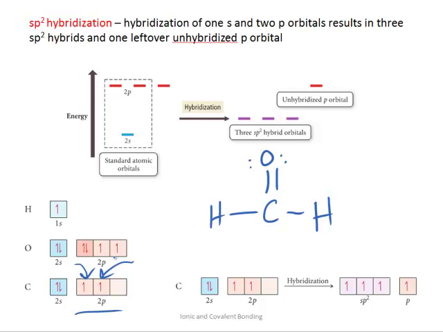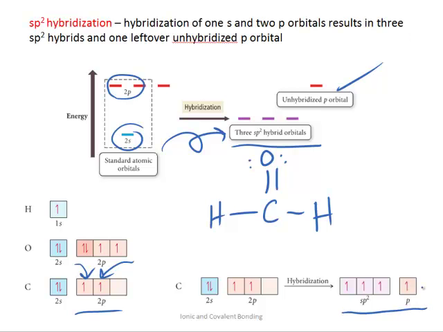What happens is, to accommodate all 3 atoms, 2 of the p orbitals and 1 s orbital will hybridize to sp2 hybridized orbitals, leaving 1 unhybridized p orbital. So that gives us this scenario where we have an sp2 hybridization and a p orbital. 2 hydrogens can overlap orbitals here.